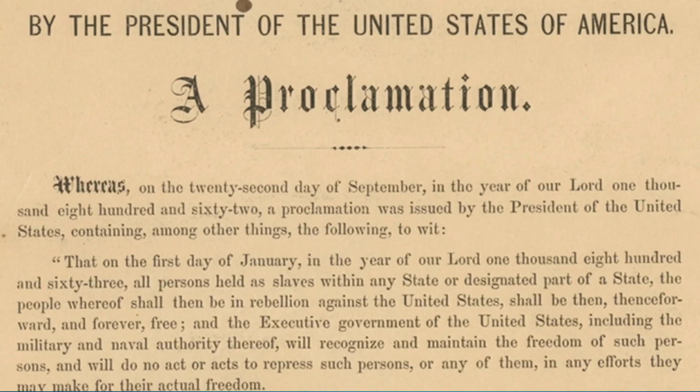And here, by the way, is a look at this proclamation. Again, in January 1863, all persons enslaved within any state who are in rebellion against the United States, so specifically calling out the Confederate states, are forever free.